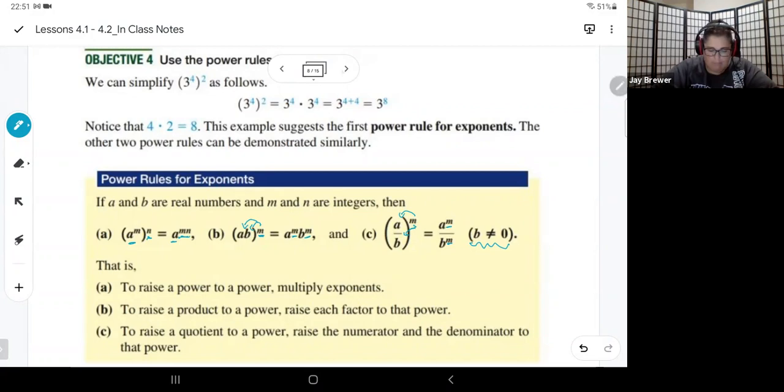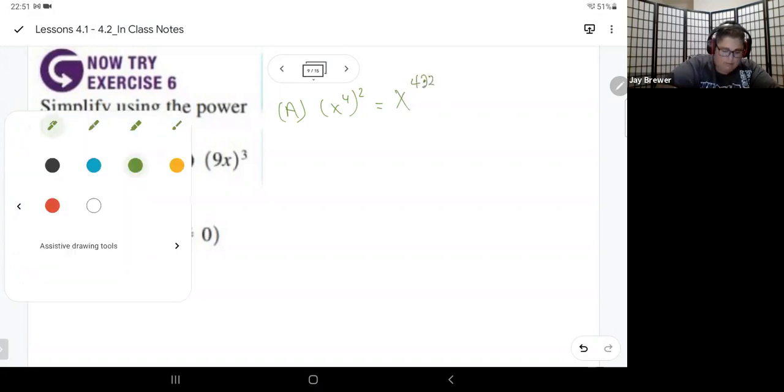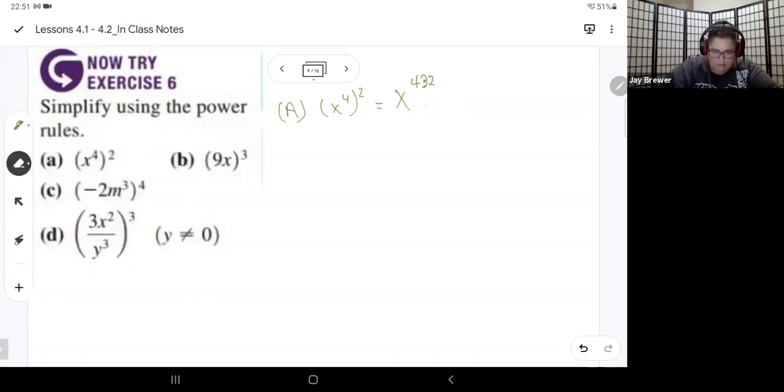Okay, let's work some problems. A says x to the 4th, squared. So that's the same as x to the 4th times 2. We can put those in a parenthesis set to help you out.